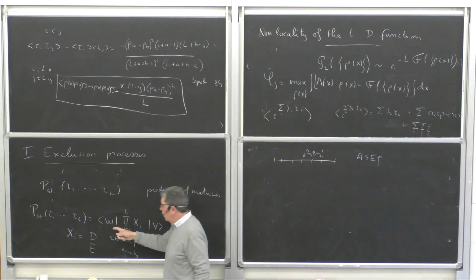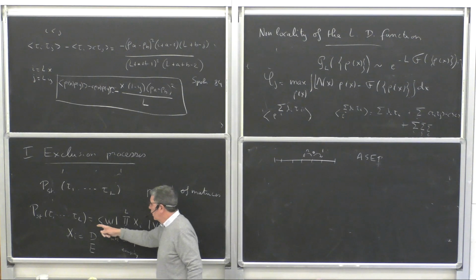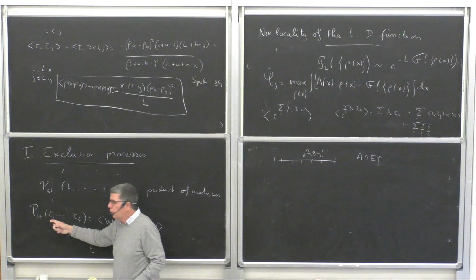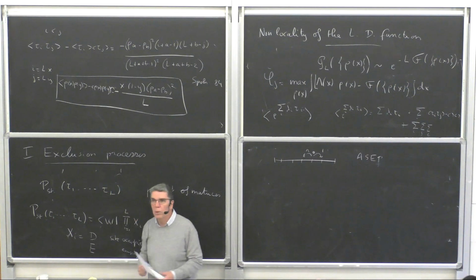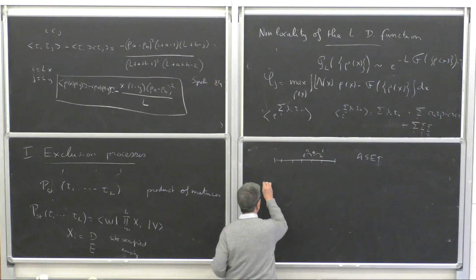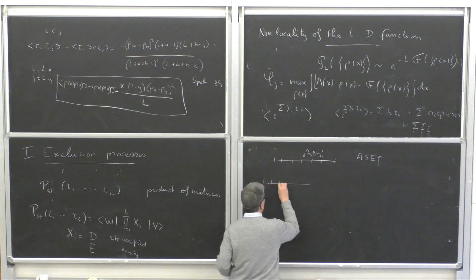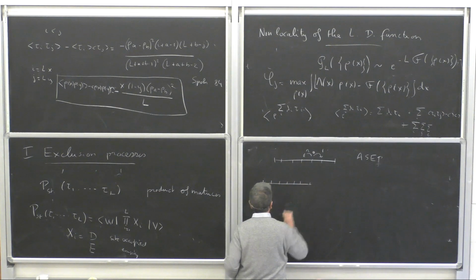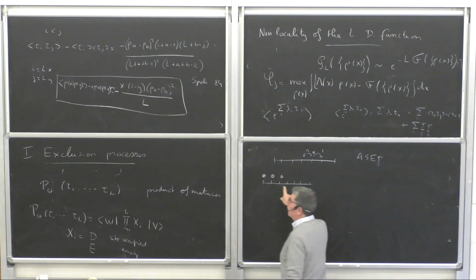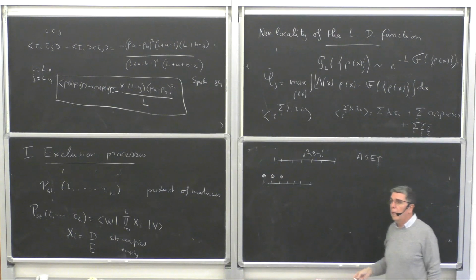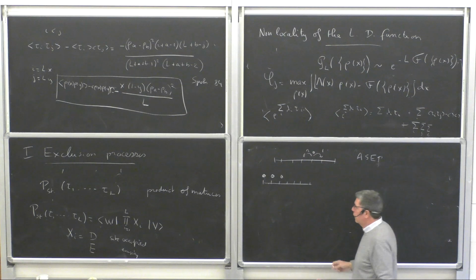Now, let me just say what it means to say that the weight is given by this product. Imagine I have a configuration, and I would like to know the probability of this configuration. So I have 3 occupied sites and 4 empty sites.